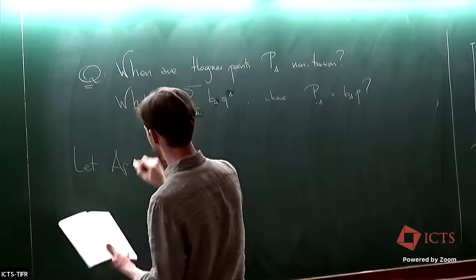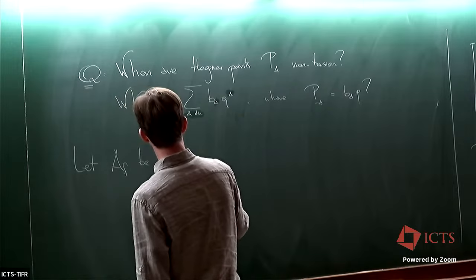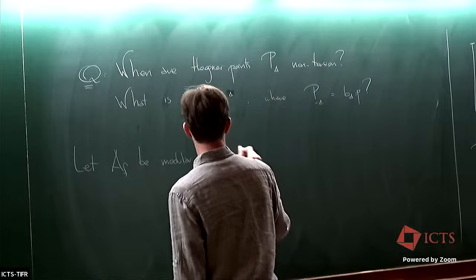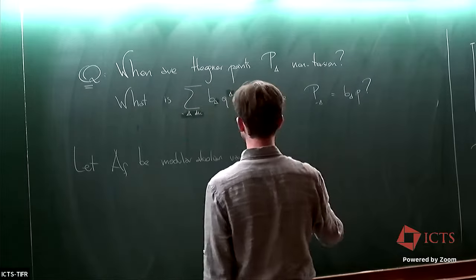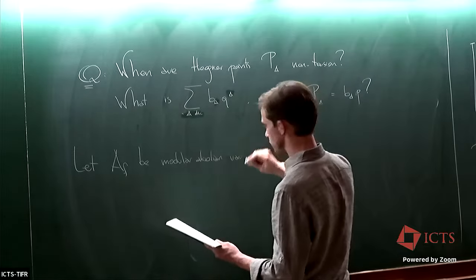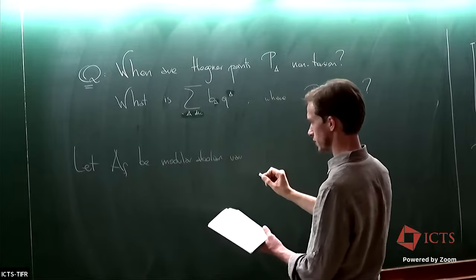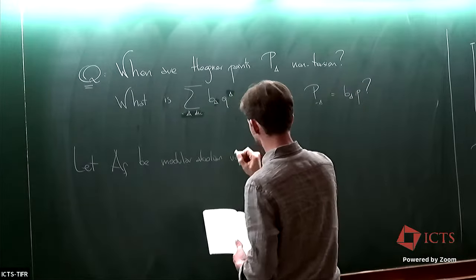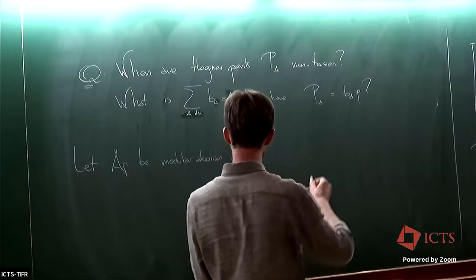So let A_f be a modular abelian variety. We explored it here on an elliptic curve, but the theorem doesn't care so much about the dimension of the quotient of the Jacobian that you take. So I take A_f associated to some newform f.